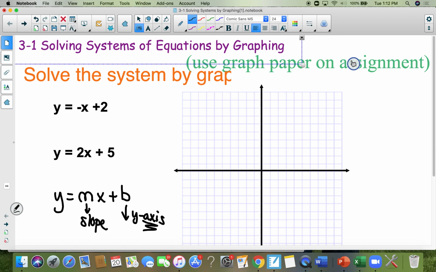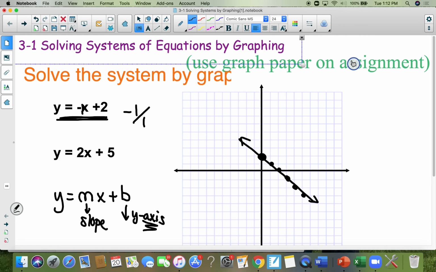Okay, so you're going to put your first dot on the y-axis at 2. You always put your first dot on the y-axis whenever you graph a line. And then the slope is a -1. There's a little -1, so it's a -1 over 1. So you're going to go down 1 and over 1, down 1 and over 1, and so on. And keep putting them in there and connect your dots.